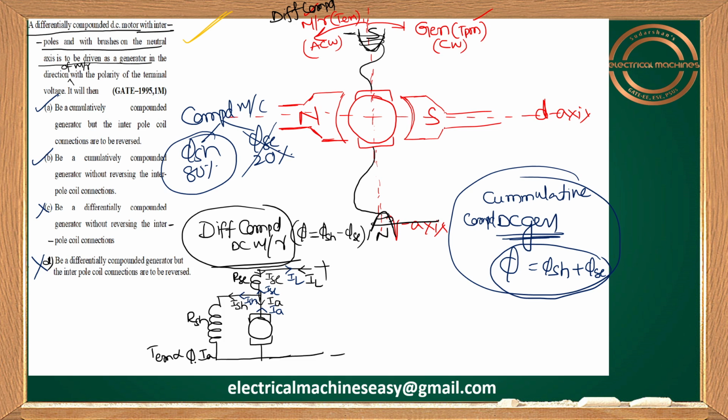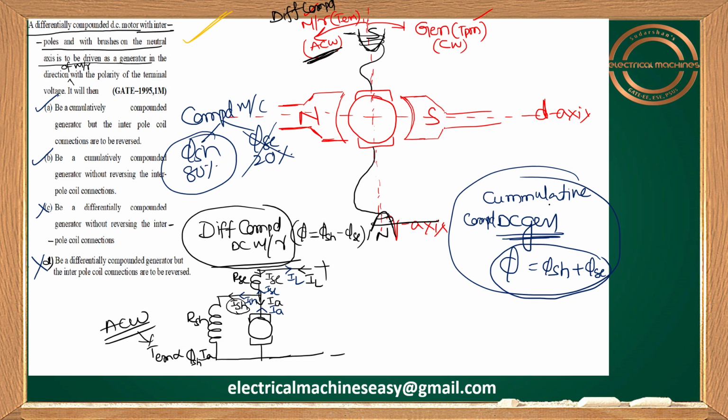So please take only shunt flux for some time. This phi_sh corresponds to this ISH, and this IA corresponds to this direction. That is the motor case. Whenever IA is downwards and ISH is right to left, I took TM like this. I assumed initially it is in the anti-clockwise direction, so please take it as anti-clockwise.